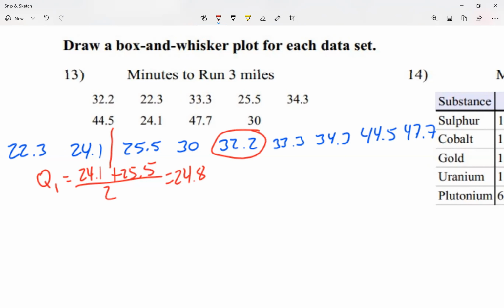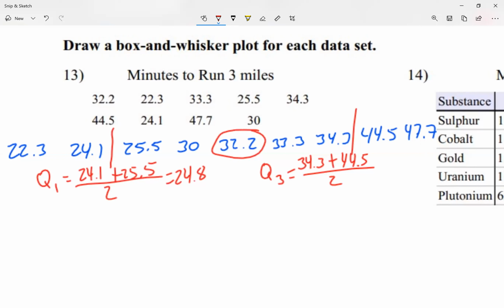Now, what's my upper quartile? Let me call this quartile 3. My upper quartile, I'm going to say it's right in between 34.3 and 44.5. What number is in between 34.3 and 44.5? Let me add them: 34.3 plus 44.5 divided by 2.